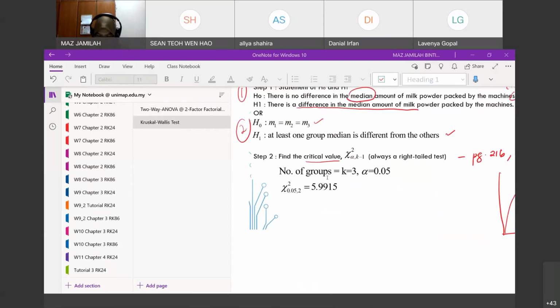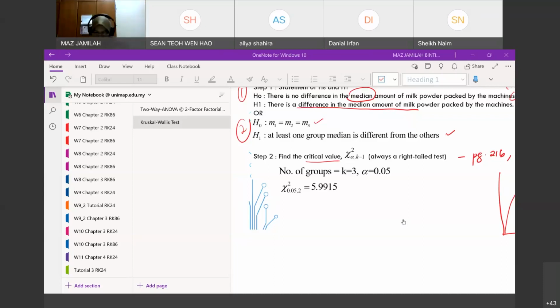So if I can show you how the distribution looks like. Can you see, class, my F distribution? I'm changing my slide here. Can you see, class? No? Okay, hold on.